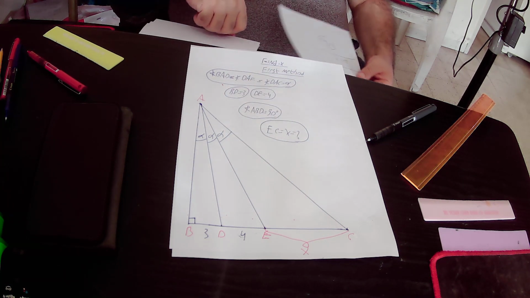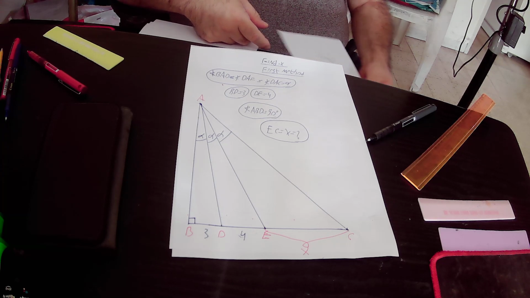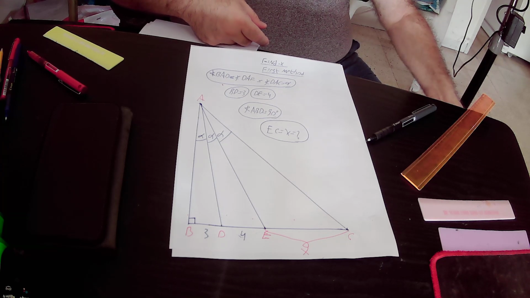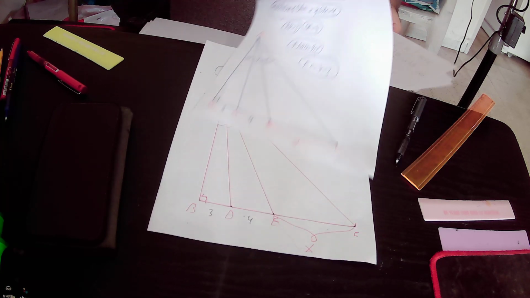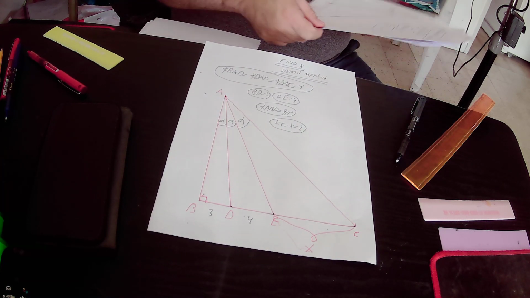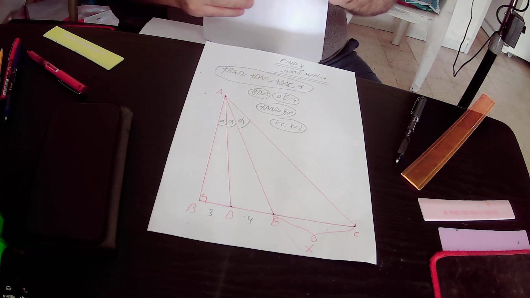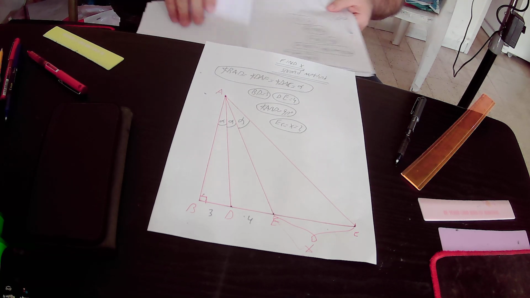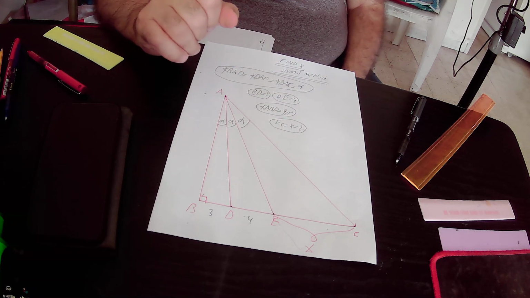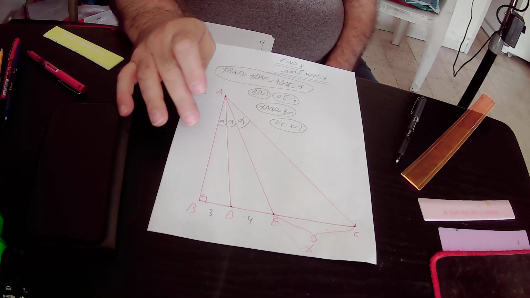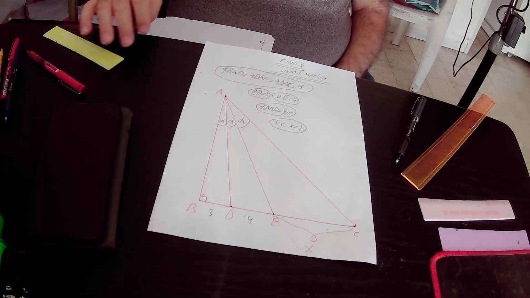Okay, so we finished with the first method, and in the next step I will present to you a second method to find the value of x. Okay, so we will do a construction here.